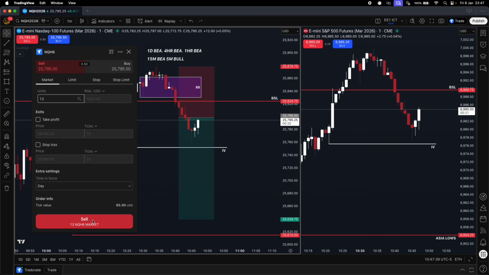So we're looking at a 2 micro entry here. Full higher time frames bearish.